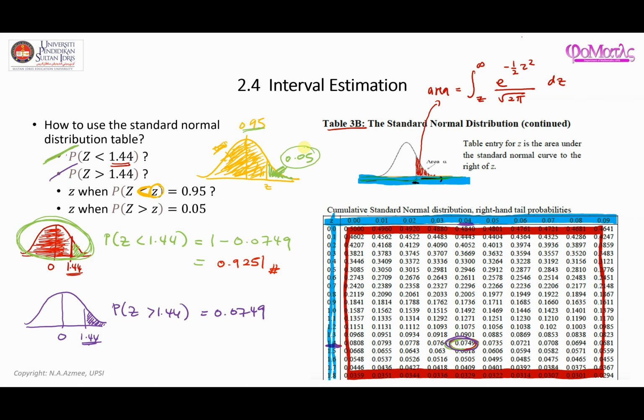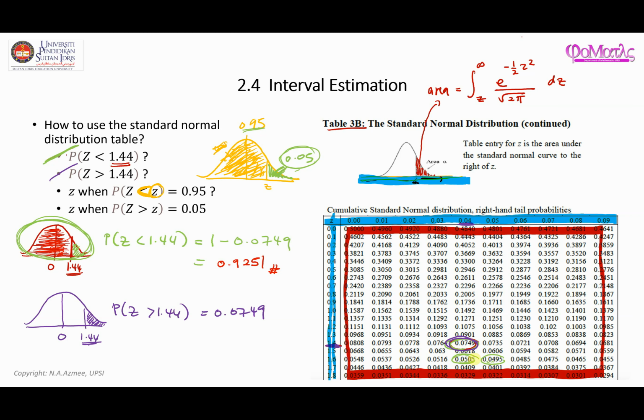Now I can find where 0.05 is inside this table. You can take either this one or this one because both of them are equally close to 0.05.